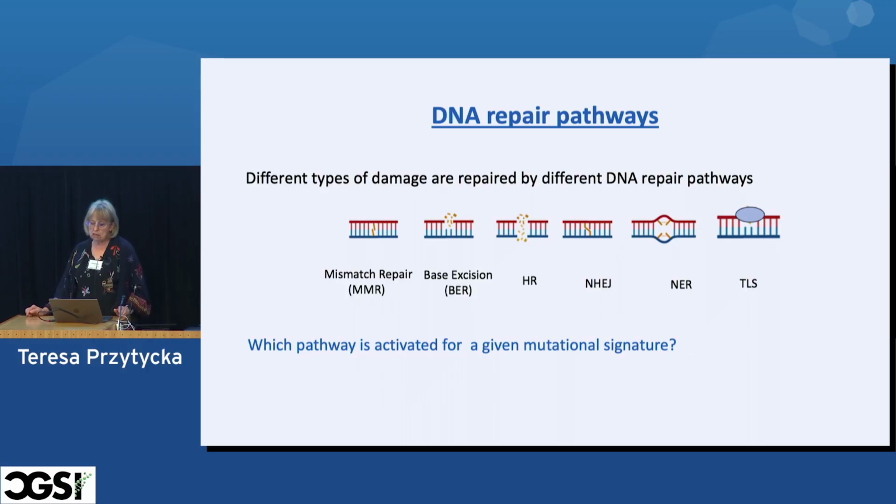So we would really like to understand which pathway is activated for a given mutational signature. And since we know those pathways and the genes involved, that may be really helpful to design a therapy similar to what we've seen with signature 3 and PARP inhibitors.